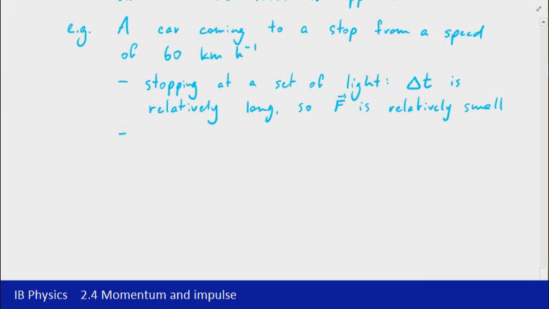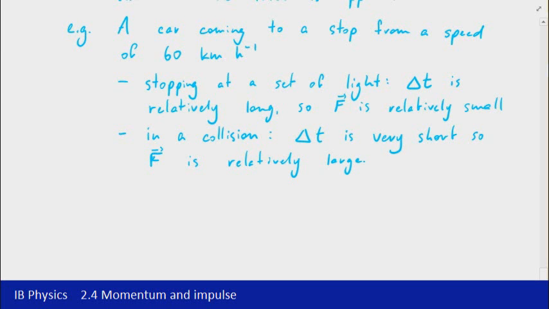If the car comes to a stop from a speed of 60 kilometers per hour in a collision, whether it's colliding with another car or with a pole or a tree, the duration of that collision is very short, and so the force F is relatively large.